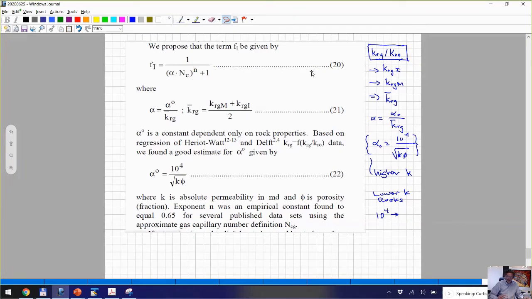All right. And what was this constant changing to for the lower perm rocks? Like we're talking 0.01 millidarcy to 0.1 millidarcy range. So it goes from 10,000 to 1,000 to 5,000. It varies between 1,000 and 4,000-5,000 instead of 10,000.